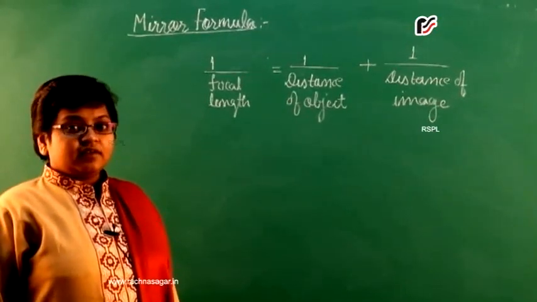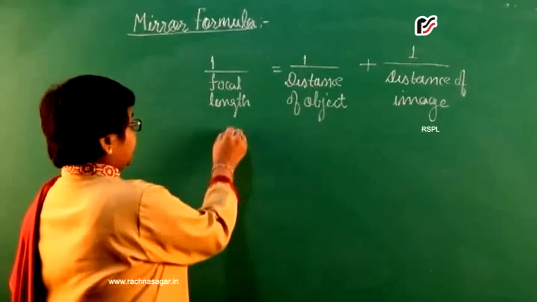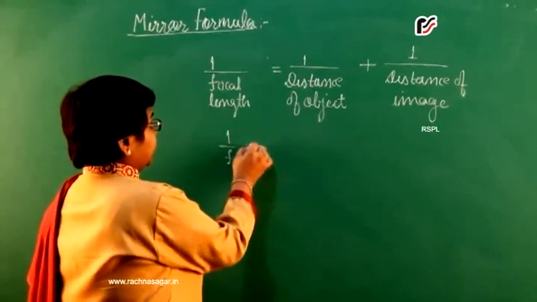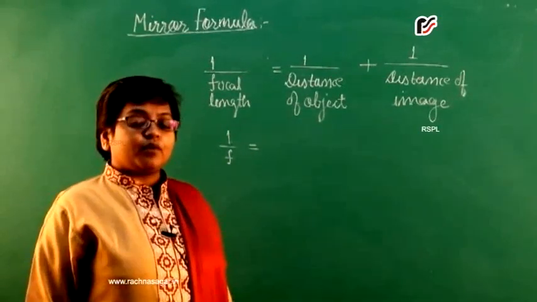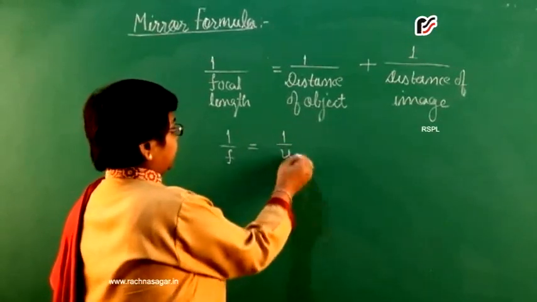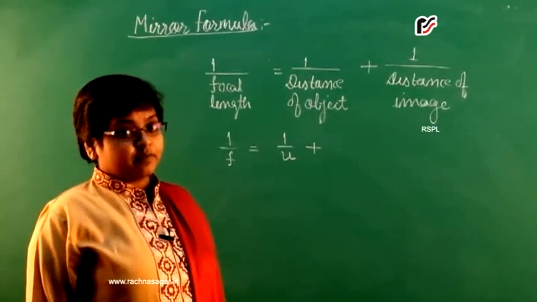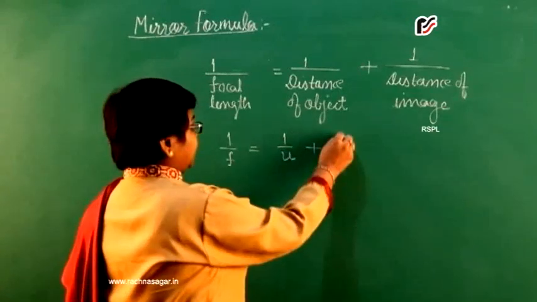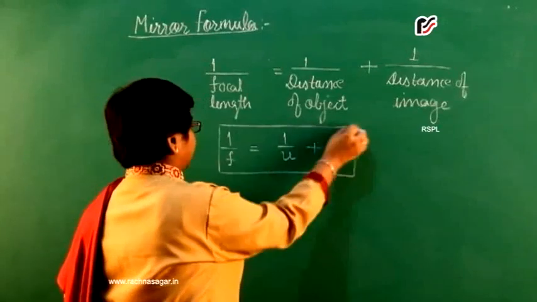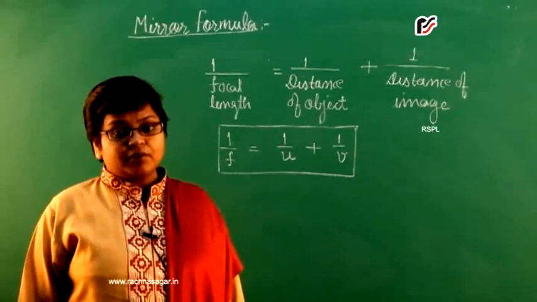As we know that the focal length is denoted by the letter F, so we write it as 1 by F. Distance of object from the pole is denoted by U, and the distance of image from the pole is denoted by the letter V. So this relation is known as the mirror formula.